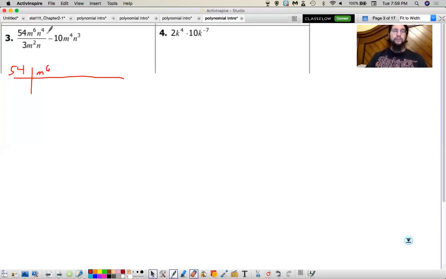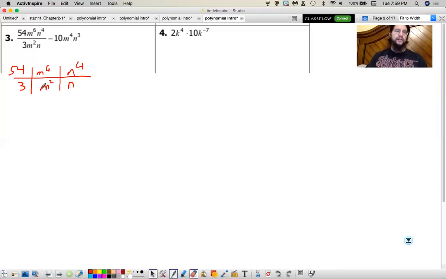You might have some more m's on the other side. You'd stick all the m's together. We only have one set of m's, so we're good. Now, we also group these in the denominator with the same types of things in the numerator. So that's a 3. That's an m squared. That's an n understood first power. So I'm just writing out the quotient in a little bit more organized way.